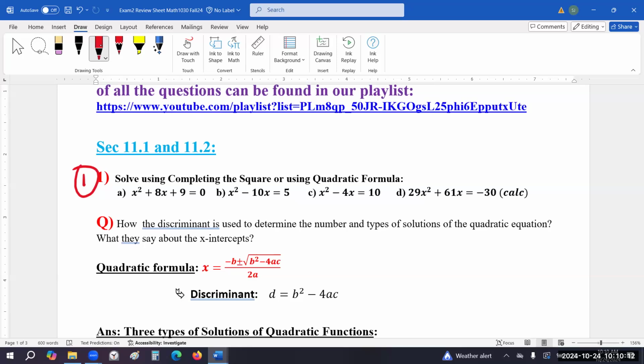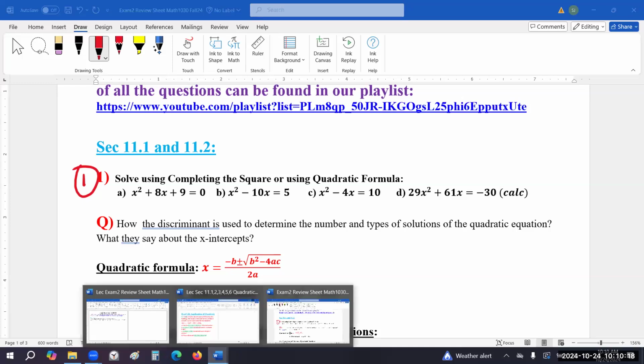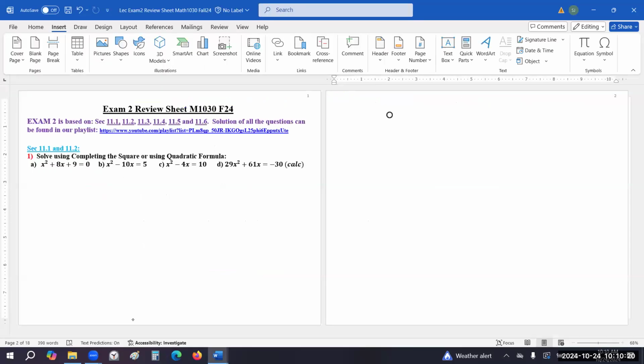So I hope this exam will be a short exam, not too long. I'm still making the exam, so I don't know the final amount, but definitely no calculator question. We don't need calculator for any of the questions we discussed. Any question? Comments?